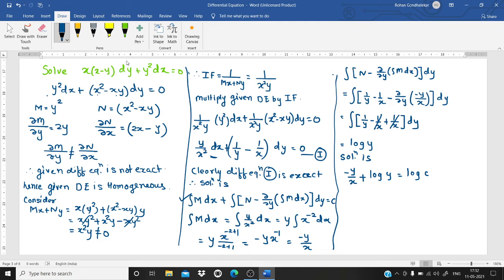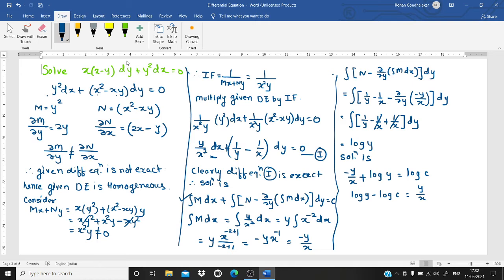Now what? Further, what we can do is, okay. So this is log y is equal to log c. I'll take the log c to the left side, which gives me log y minus log c is equal to, y upon x will be shifted to the right hand side.